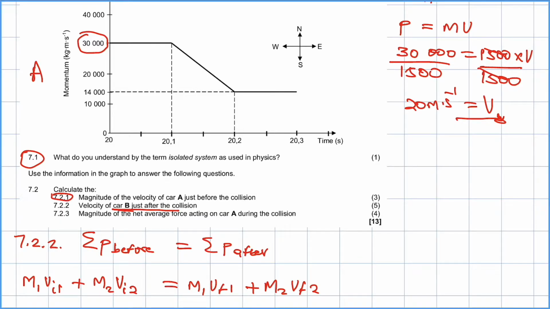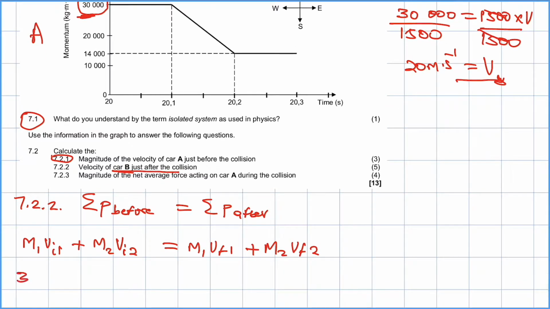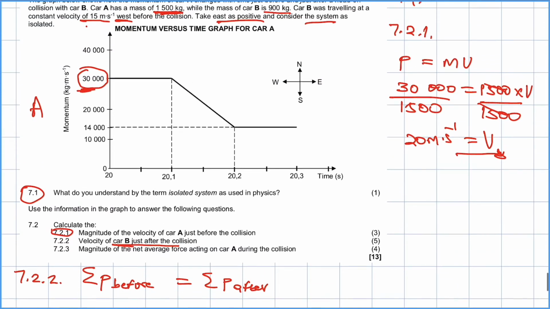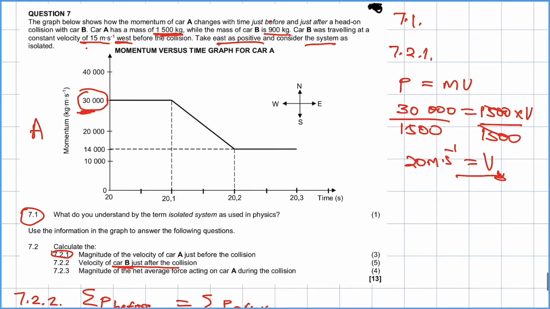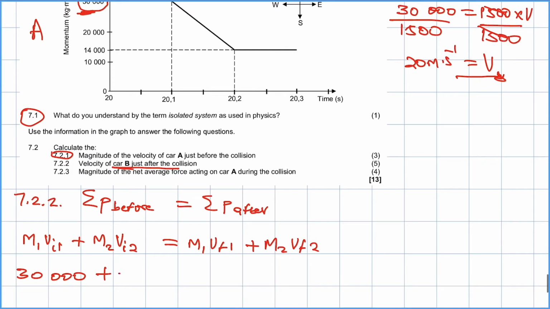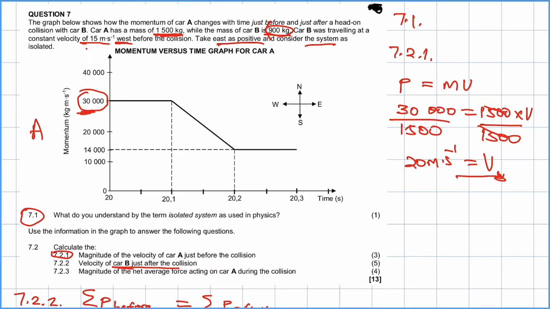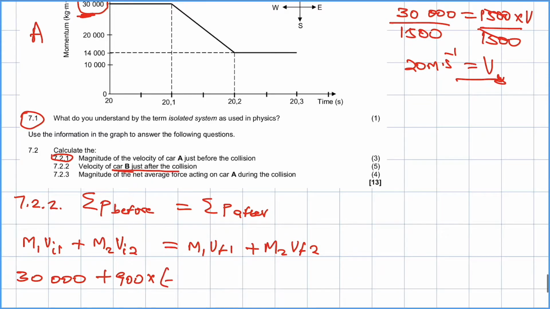For m1 v1, which is car A, we already know that momentum is 30,000. So we substitute 30,000 plus m2, the mass of car B, which is 900 kg, and it's moving at 15 meters per second west. We take east as positive, so it's negative 15.